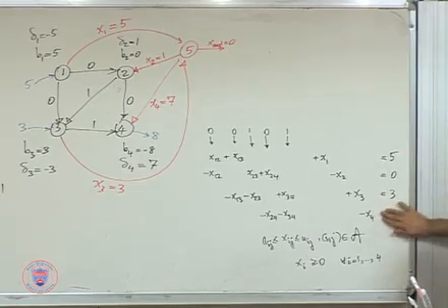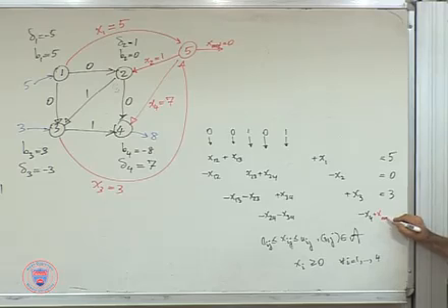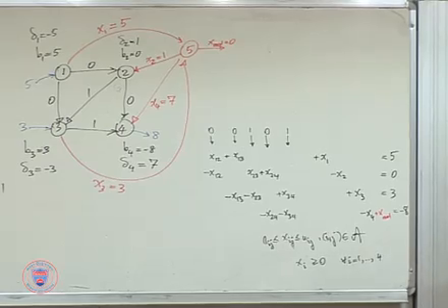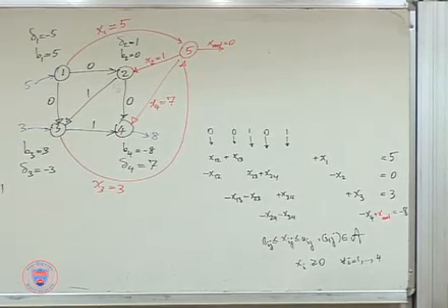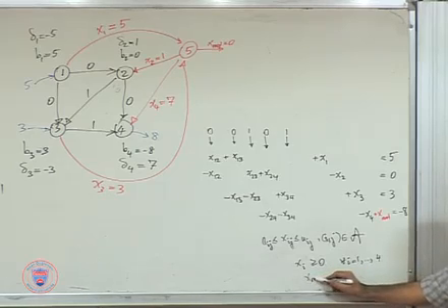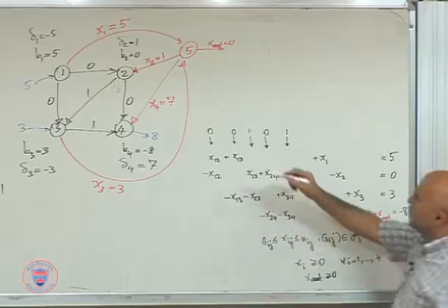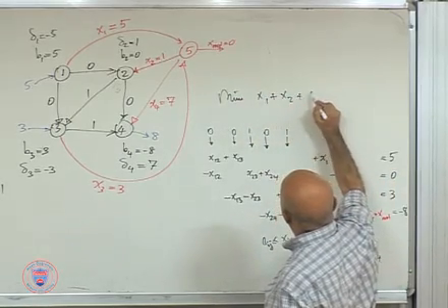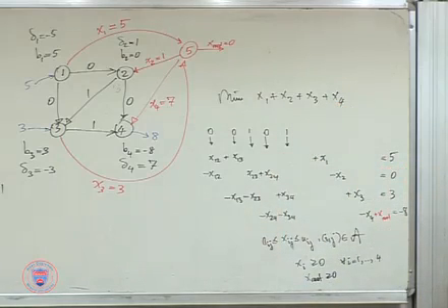So let me put it here. Plus x root equals minus 8 here. Okay? Okay, what do you minimize? You minimize x1 plus x2 plus x3 plus x4. That's your phase 1 problem.